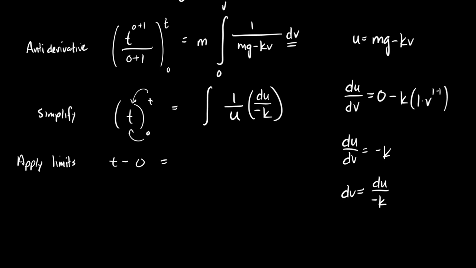So since I did it the other way in my other class, I'm going to change the limits. So when I put in v for v in my substitution, I get mg minus kv as my top limit. And then I'll put in 0 for v for my bottom limit, and I'll get mg minus 0, or just mg. So I've just changed my limits.